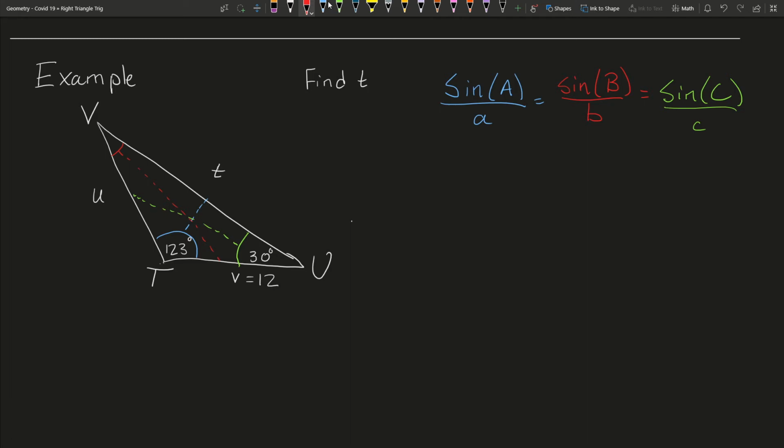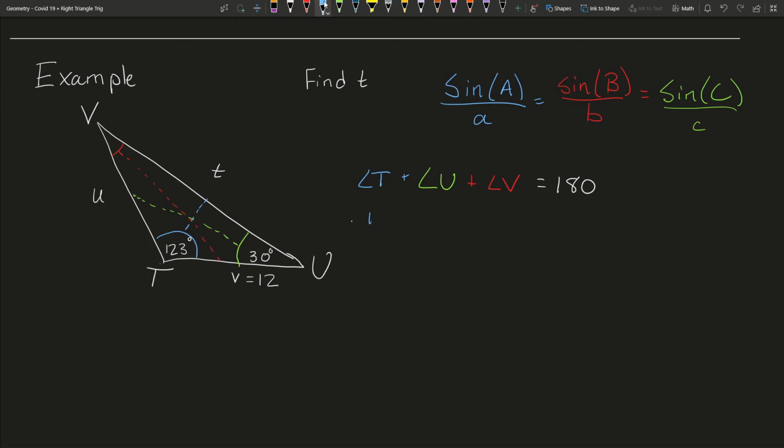First thing, again, just label the sides and be pretty explicit about it. Then we can set up a ratio, but even before that, if you're ever given two angles of a triangle, so we're given angle T and angle U, just find the third angle just in case. We know that angle T plus angle U plus angle V has to equal 180.